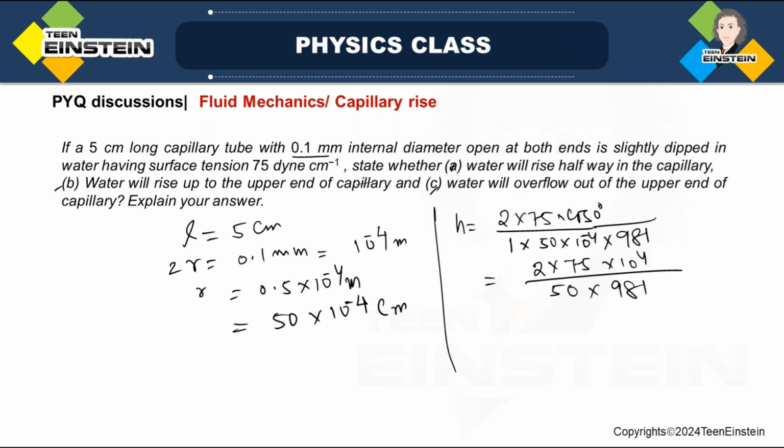If you do the calculation properly, what you are going to get is this in centimeter. Let us do the calculation. So this is 150, right? So 25, 3, 25, 2, this 2, this 2 cancel each other. Then 981 divided by 3.